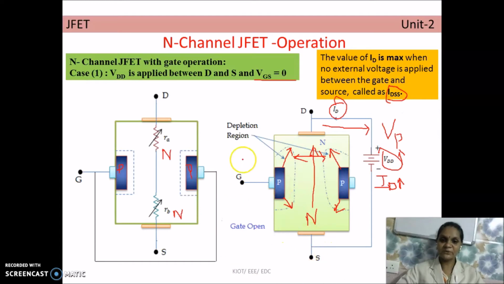If VGS is equal to 0 and we increase VDD, initially ID increases up to some value of VDD, and after that ID remains constant. That constant value of current is called the drain source saturation current.